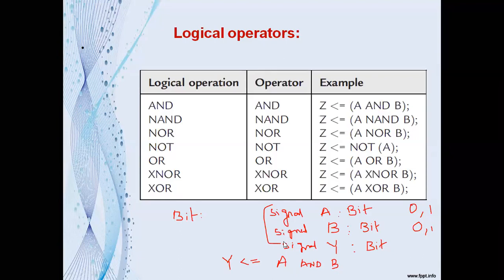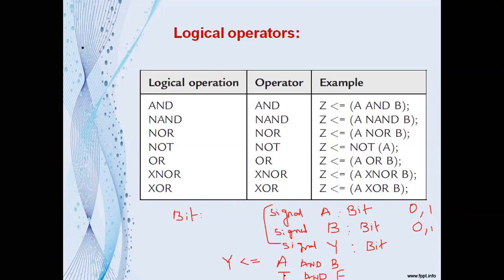So let's say take A. Assume that A is a Boolean type with the value true, and you are performing the logical AND operation with B, and B is also a Boolean type, and I am assuming the value of B as F. So T means true, F means false.